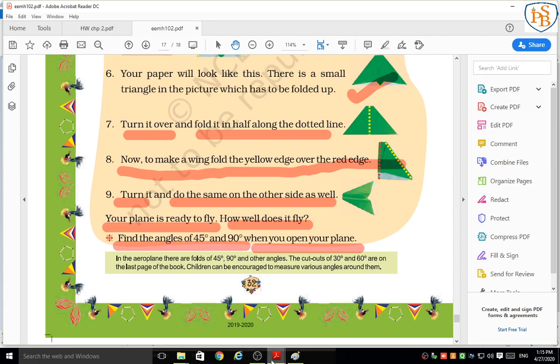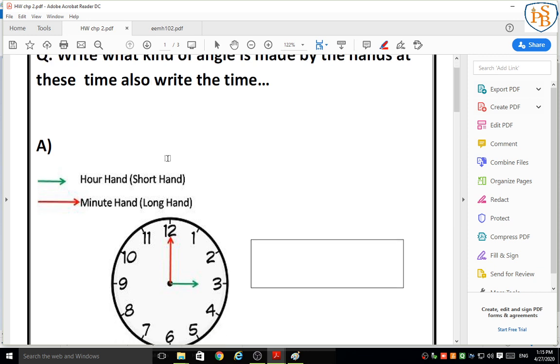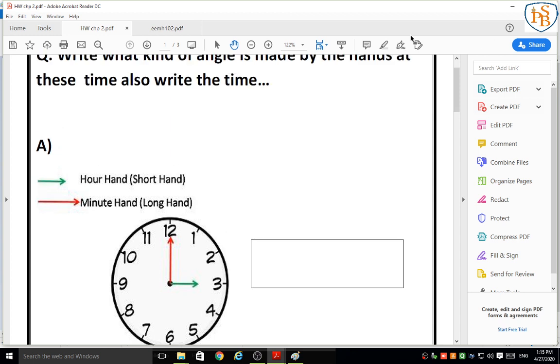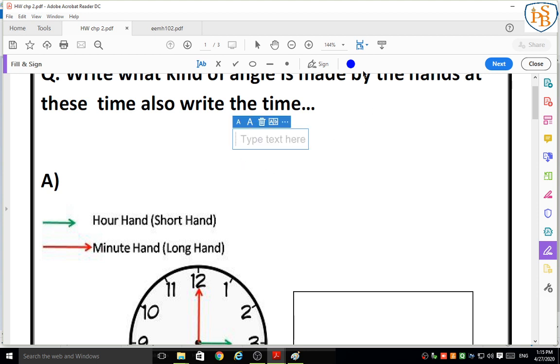After this, again I want to give some homework. Write what kind of angle is made by the hands at this time, and also write the name like in the textbook. Here also you have to do this homework. At your home, I will mention here, this is your homework.